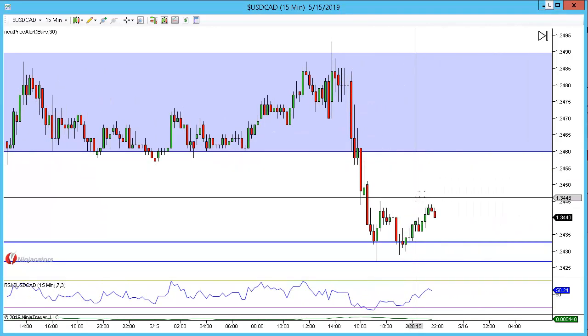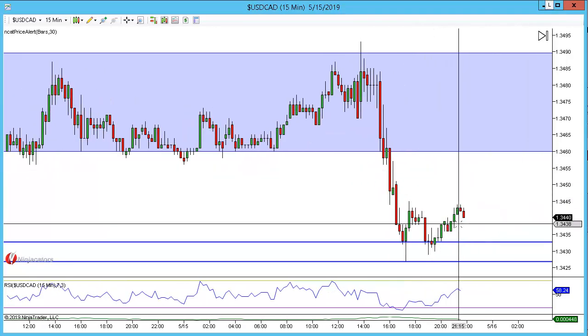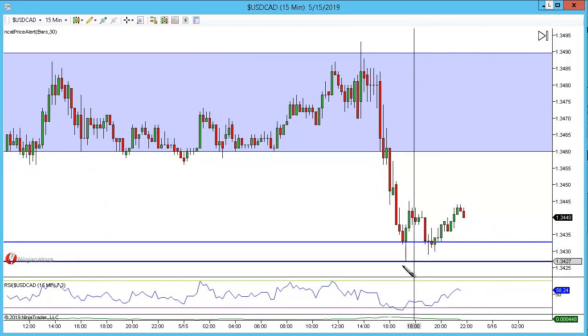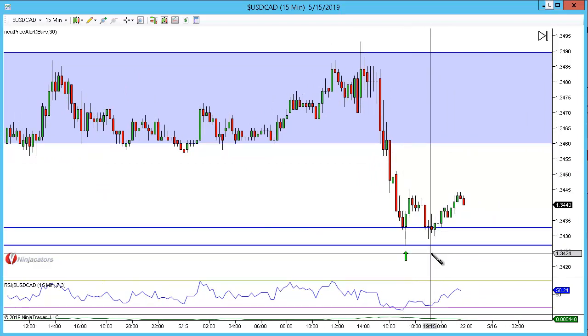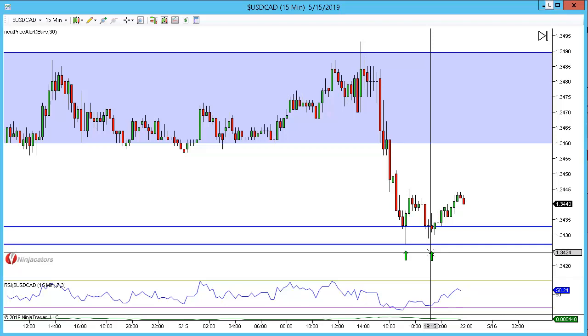Okay, so the question I actually get asked all the time is, how do I know this isn't a double bottom? Because looking at this right now, the majority of people will say this is a double bottom. They may be right. The fact is we don't know if it is or isn't a double bottom. The way I work it is that I have rules which I've tested for a double bottom, and I need structure, psychological numbers.